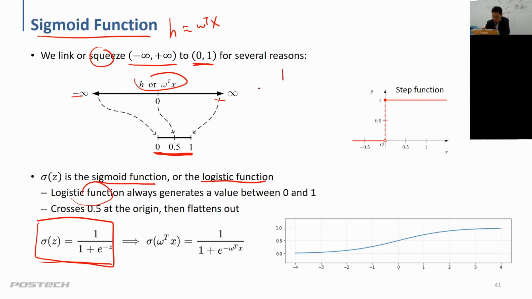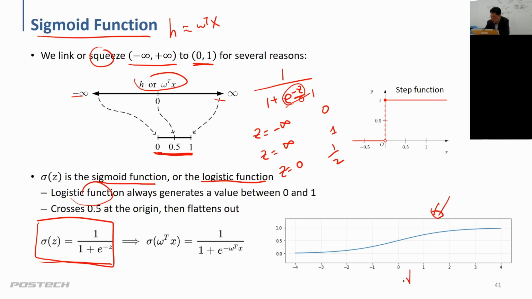Let me write it. When z is positive and has large values, the exponential term will be almost zero, so the output will be 1. And when z is zero, the exponential term is 1, so it will be half. So this will be the plot.